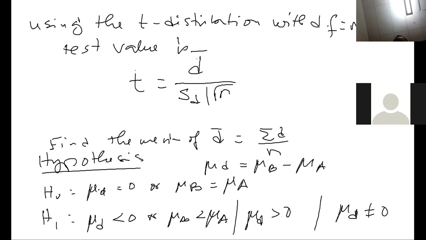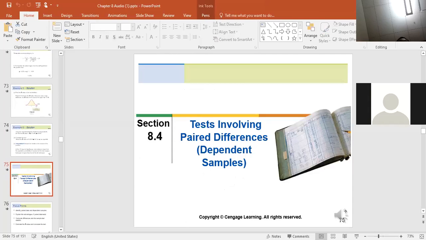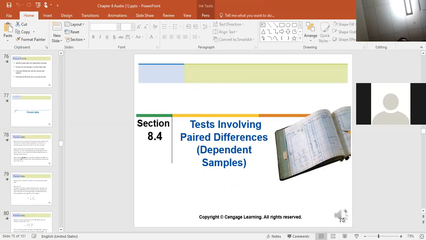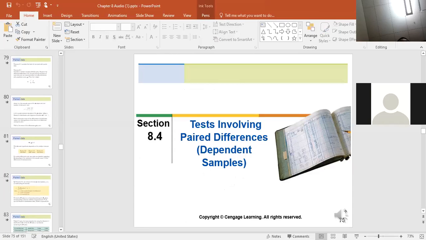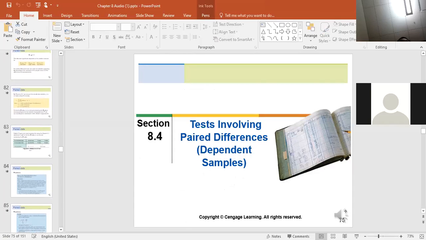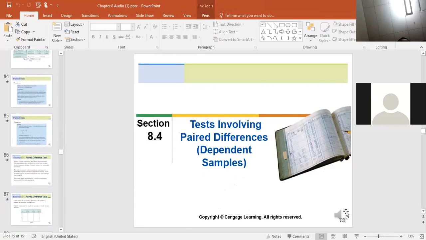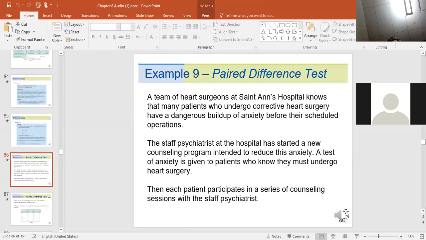So let's look at an example. I need somebody to read this example.